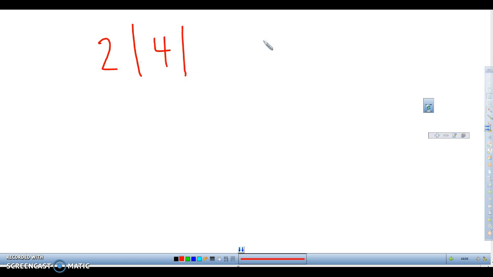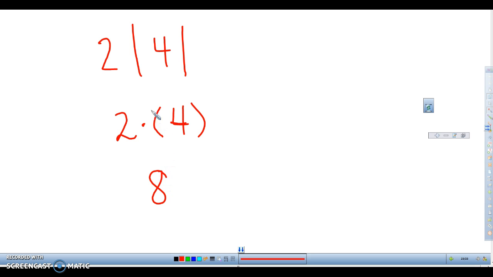So this means, again, I need to evaluate that absolute value first. So the absolute value of 4 is 4. And then I have that 2 out front, and I'm going to multiply it unless there's some kind of other operation sitting there. Okay? So 2 times 4 is 8.